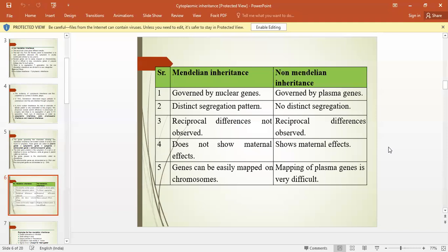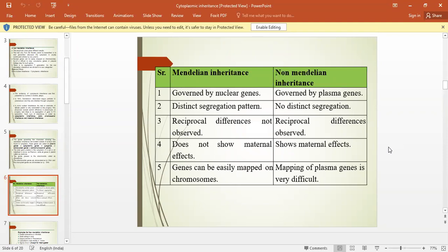In Mendelian inheritance, the segregation pattern gives ratios like 3:1 or 9:3:3:1, but no such segregation ratio is obtained in non-Mendelian inheritance. Reciprocal crosses are the same in Mendelian inheritance, but give different results in non-Mendelian inheritance. Mendelian does not show the maternal effect, while non-Mendelian shows the maternal effect. Maternal means the things which come only from the mother.